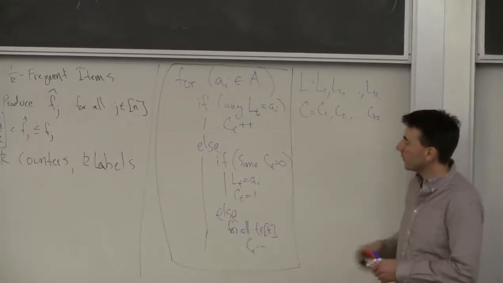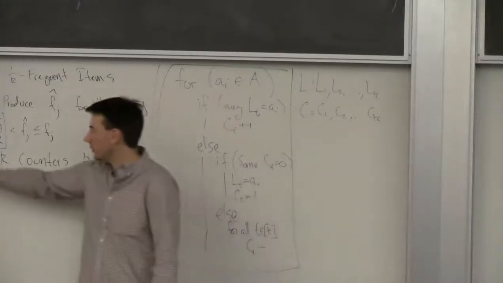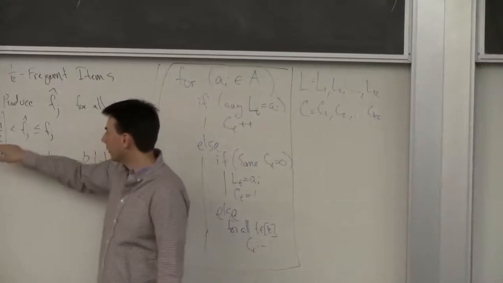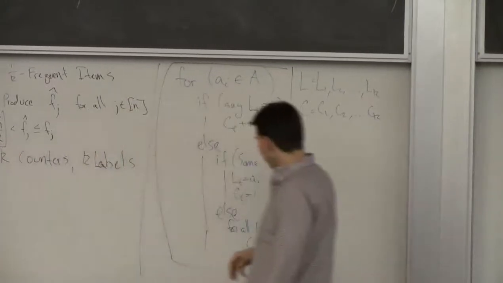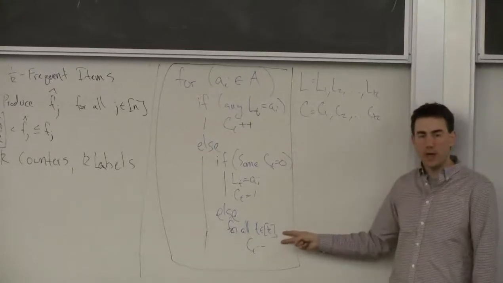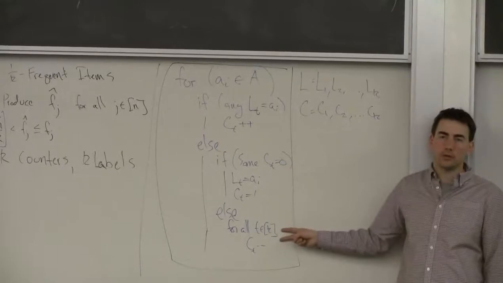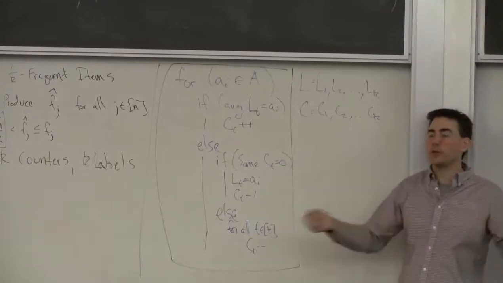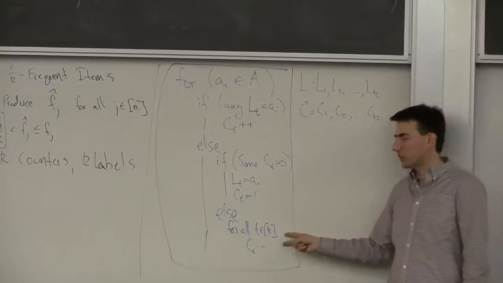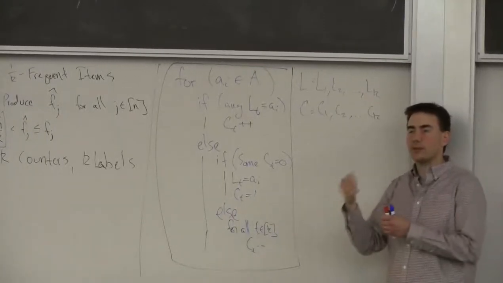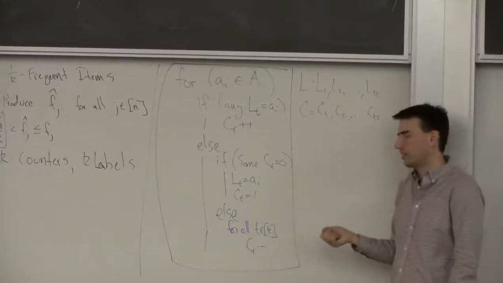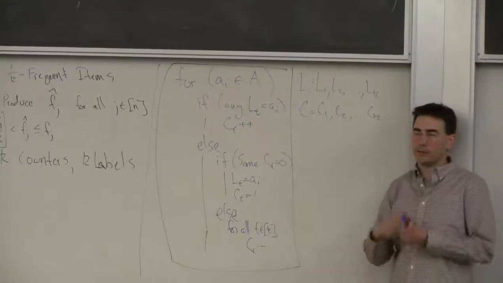And so now I'm going to give the argument, and hopefully you can go back and see why it works afterwards. But I'm going to claim that I can only reach this step m over k times. So m is the total number of things in the string, k is the number of counters. Right? I can only reach this m over k times because every time I reach it, I'm removing something from all the counters.